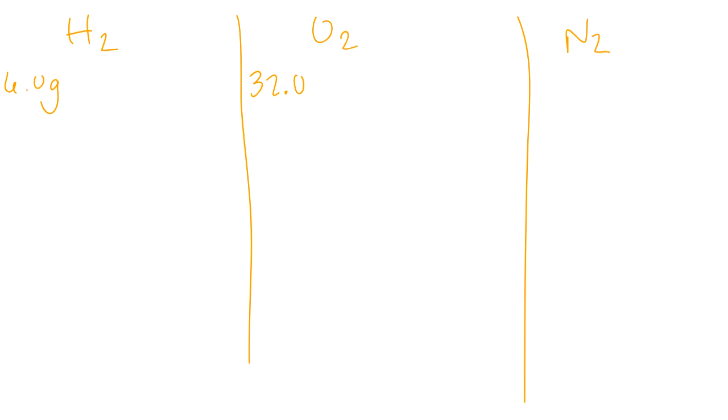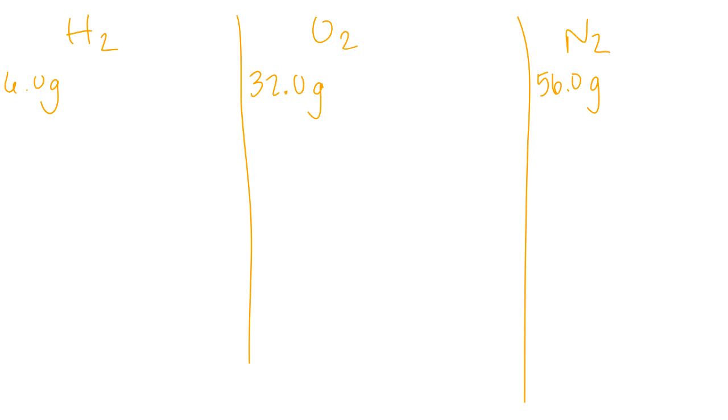And of our nitrogen, we have 56 grams. So we know that in order to determine the partial pressure, we need to know the mole fraction. In order to find the mole fraction, we need to find our moles. So that's going to be our first step. Convert all of these grams into moles.